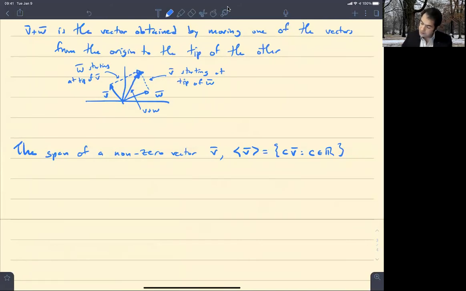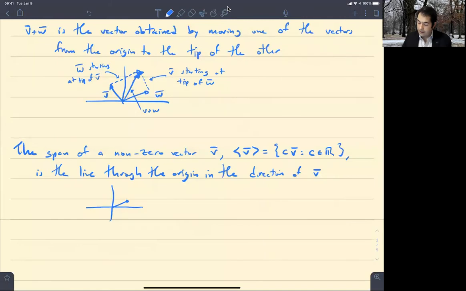So this is the line through the origin in the direction of v, right? So if my vector v looks like this, then this would be 2 times v, this would be minus v, this would be minus 2 times v, and altogether I end up with the span of v. It's that line.